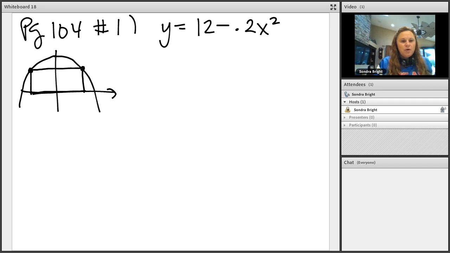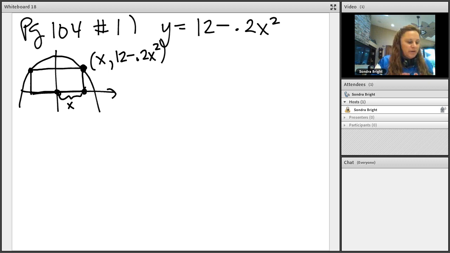I placed this just perfectly so that it's centered on the axis, so I'm going to let this distance right here be x. Then the point that is on both the rectangle and the parabola is x comma the y function they gave us, 12 minus 0.2x squared.